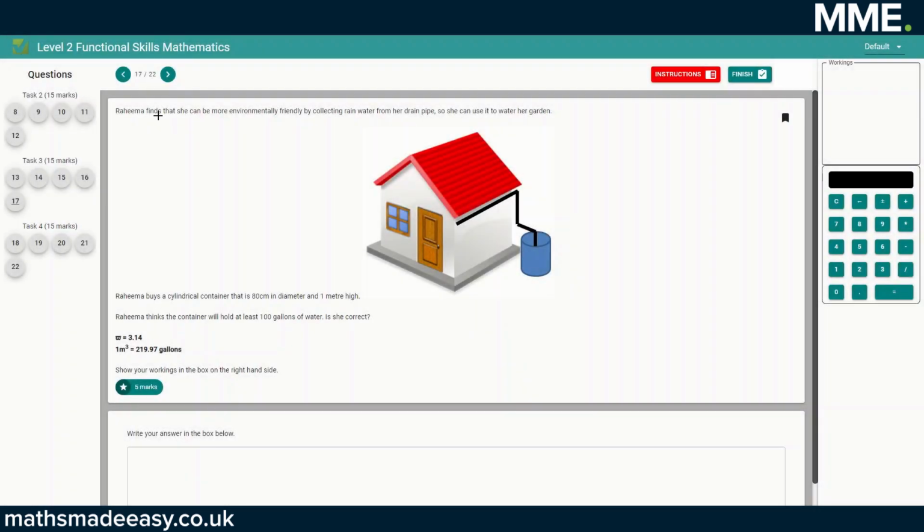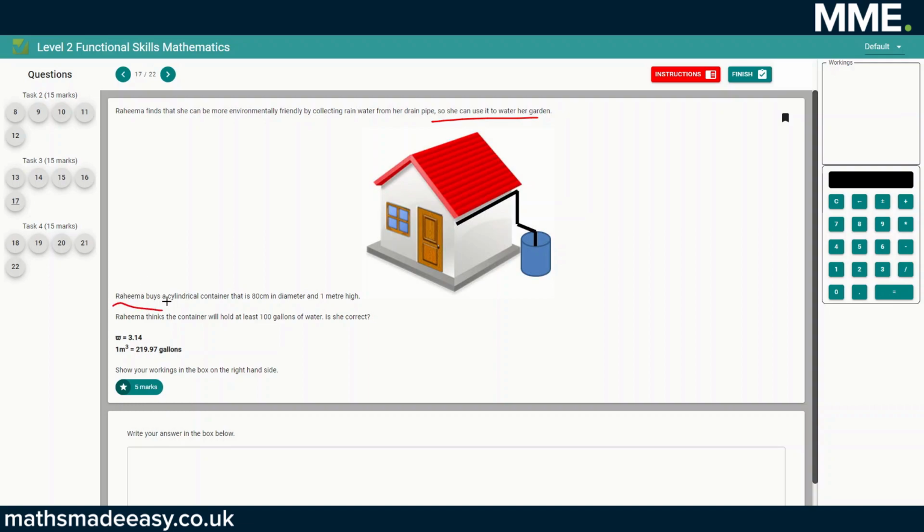Again, partially a continuation from the previous set of questions. Rahima finds that she can be more environmentally friendly by collecting rainwater from her drain pipe, so that she can use that to water the garden instead of directly from the tap.